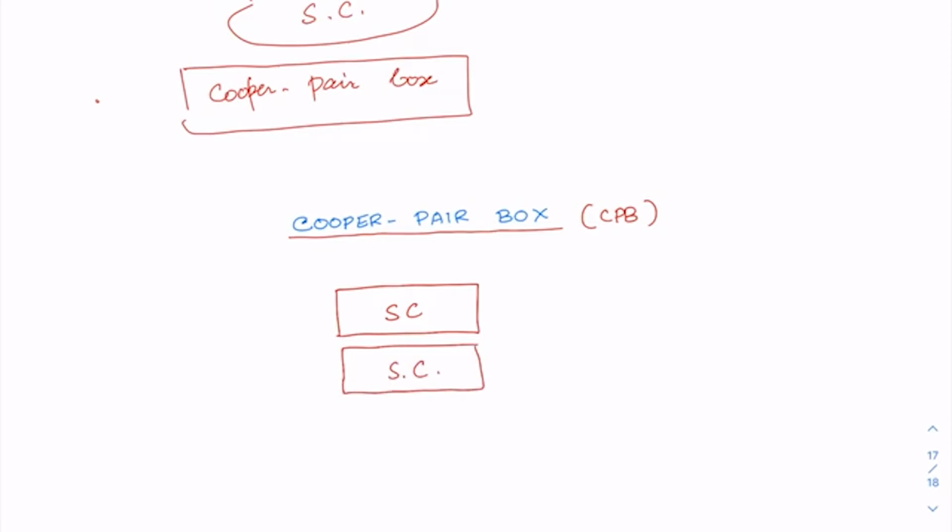Generally, the size of a Cooper pair box is on the order of 1 micrometer, and the gap between the two superconductors is typically in the range of 1 nanometer or so.